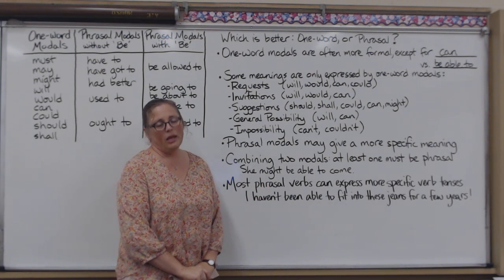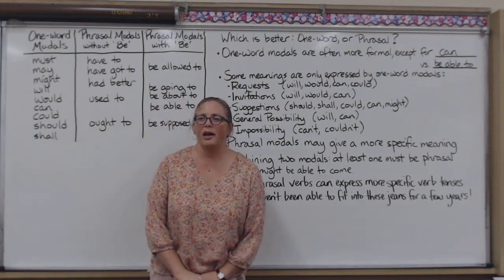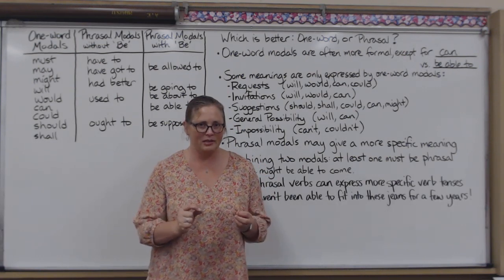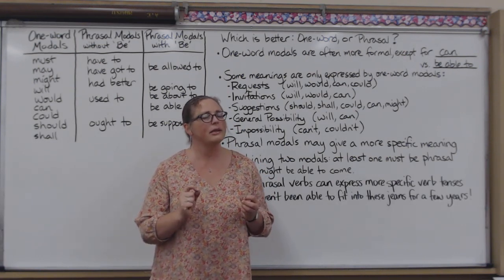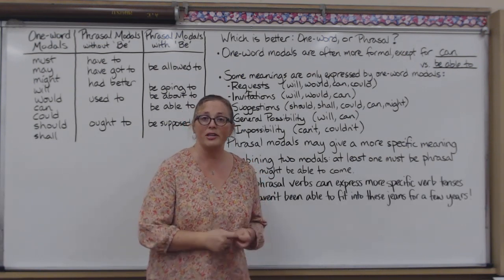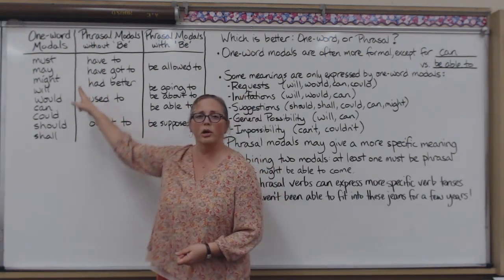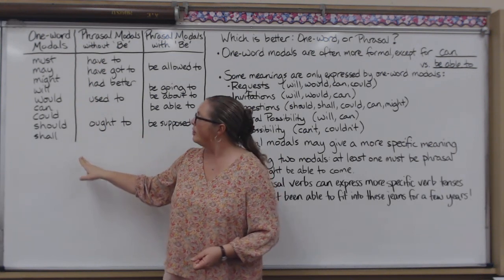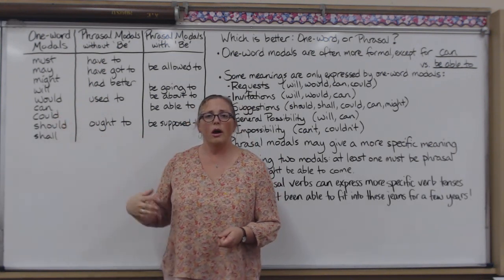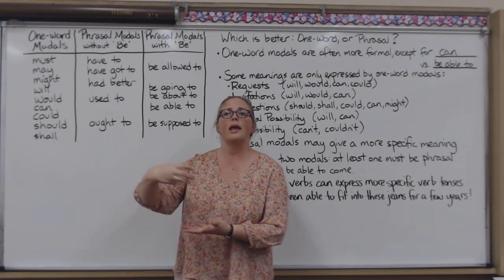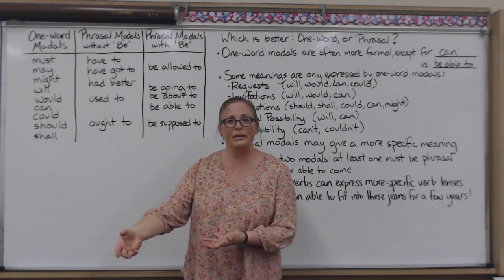Finally, if you want to express a specific verb tense, you might need to use a phrasal modal. What do I mean by that? Well, with these one-word modals, these are used, for the most part, for present and future ideas.